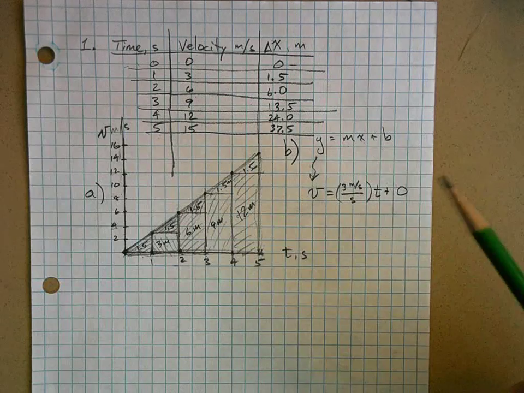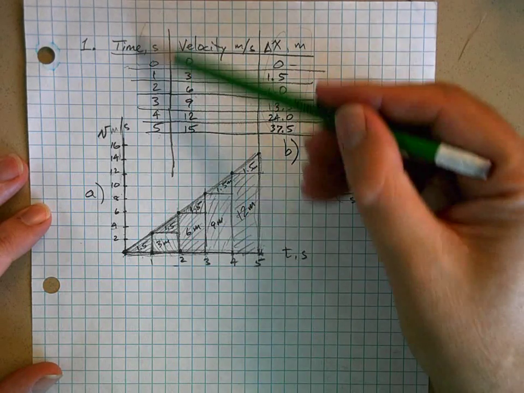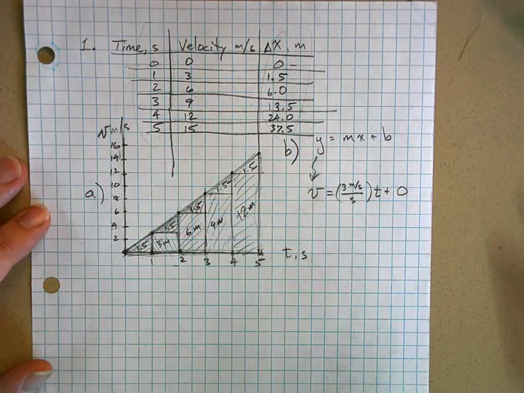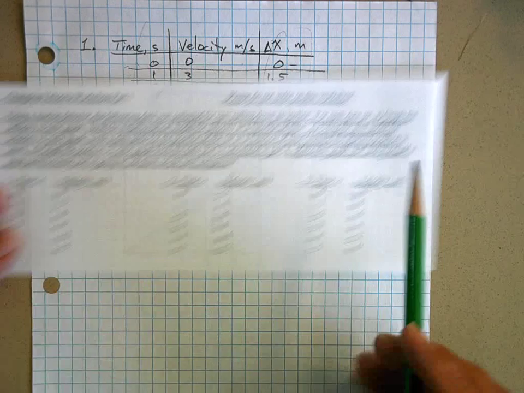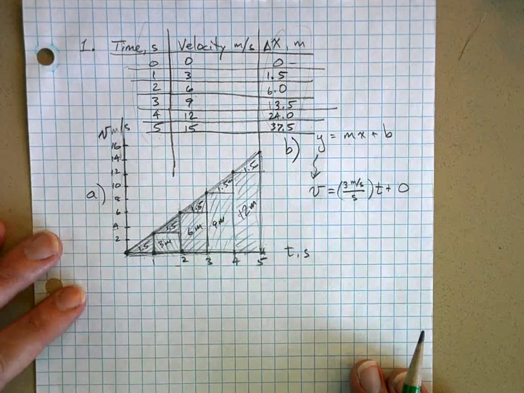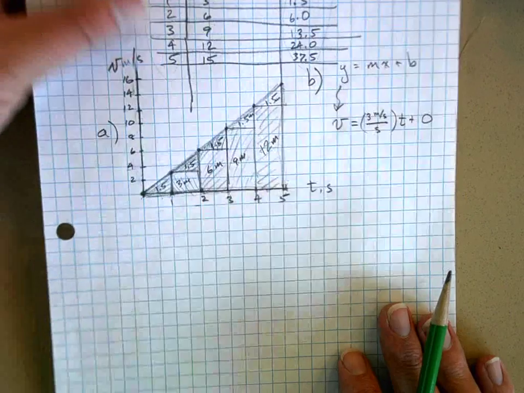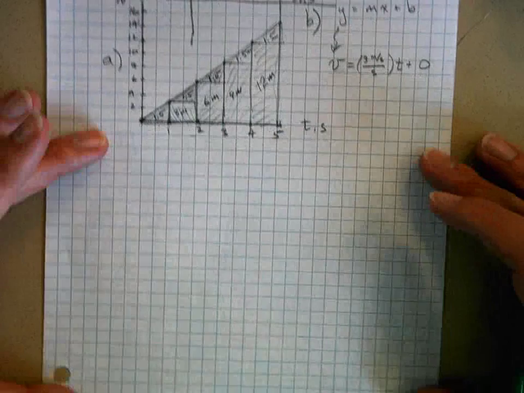Now what we need to do is graph this. We need to graph delta x as a function of t. But it also says in the instructions that the initial position is 0, so we can just call delta x, x. But I need this graph to be big and neat. I want it to take up half the paper here.